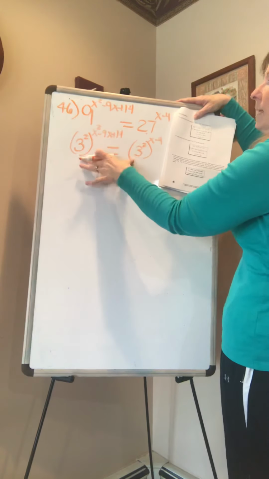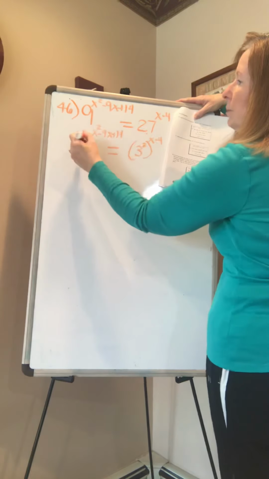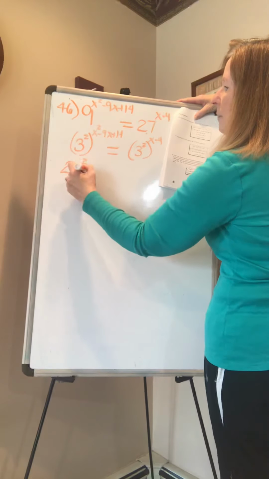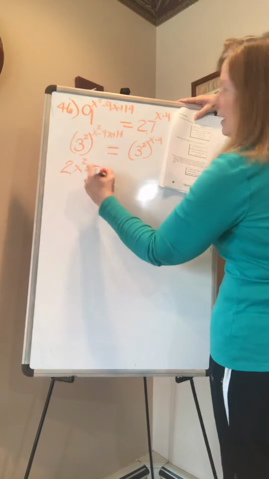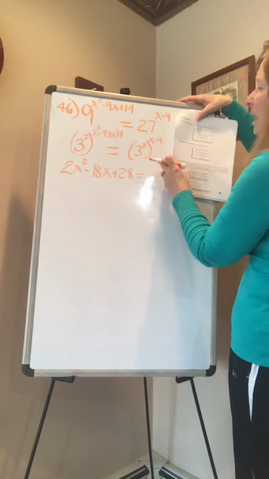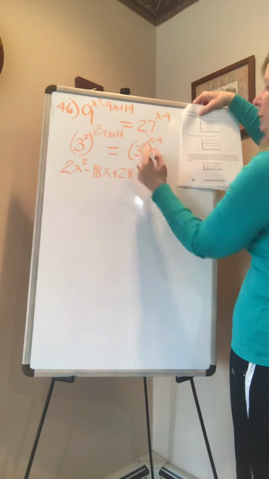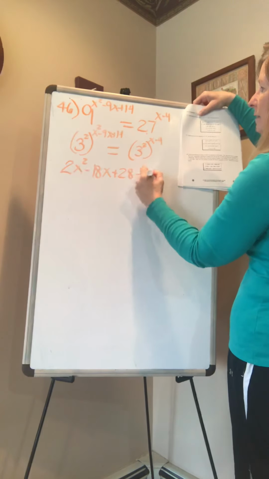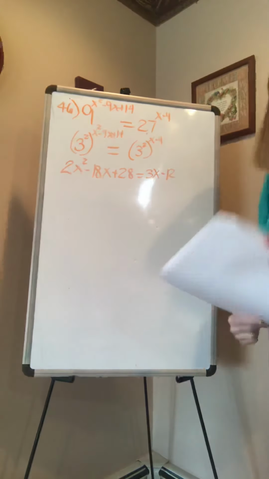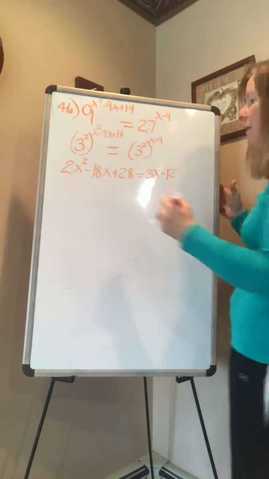We're equal. Bases are equal. Exponents are equal. But don't forget to distribute. This is 2x squared minus 18x plus 28 is equal to, over here distribute, 3x minus 12. All right, quadratics equal 0.